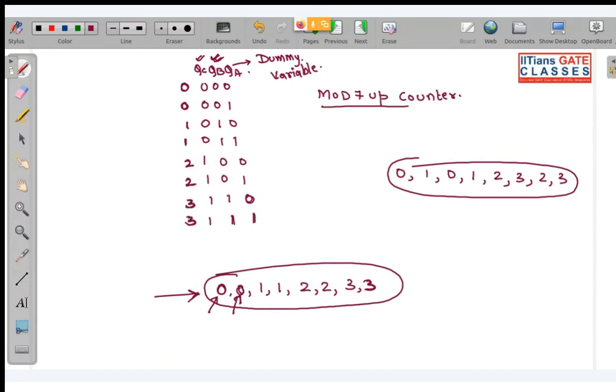So actually I am constructing it with mod 7, but here you can see that I am counting only four numbers, 0, 1, 2, 3, but each of the zeros are unique. These two ones are also unique, these two twos are also unique, these two threes are also unique. In this count sequence, I have taken QC and QA as my output and QB as the dummy variable.